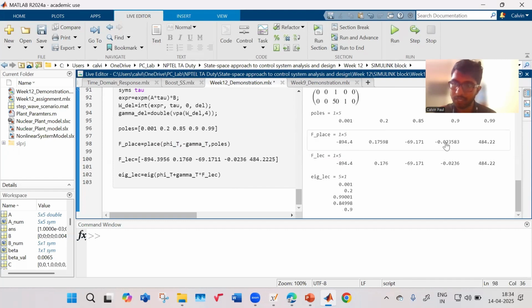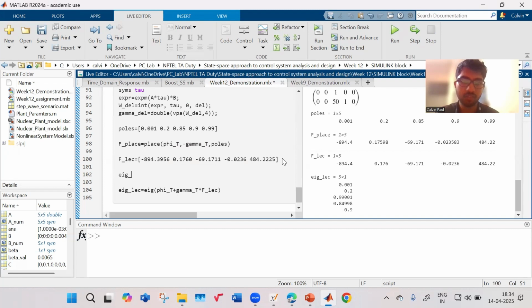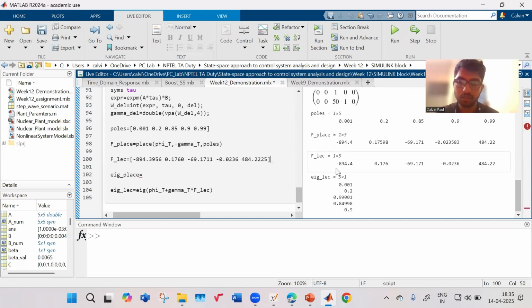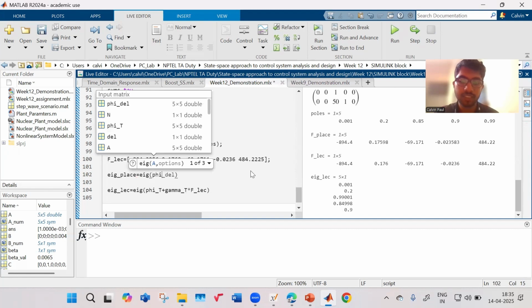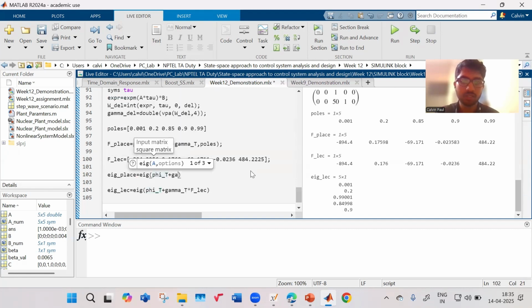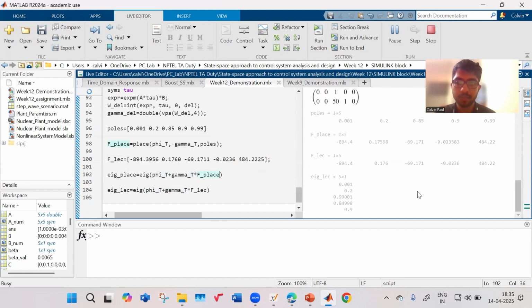So we get f place to be like this. Then we'll see what are the eigenvalues we get from pole placement. So the eigenvalues by place, if these things are not required, we'll comment it out. Place is equal to eigenvalues of phi t plus gamma underscore t into f underscore place. Okay, let us see what are the eigenvalues of place.